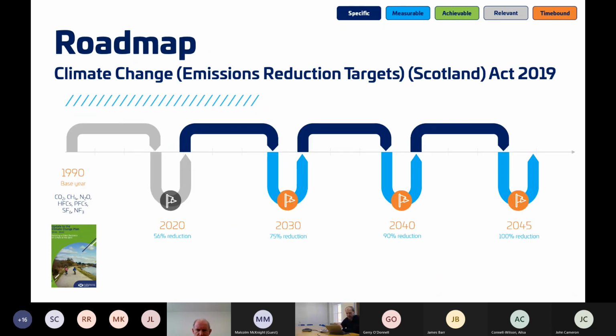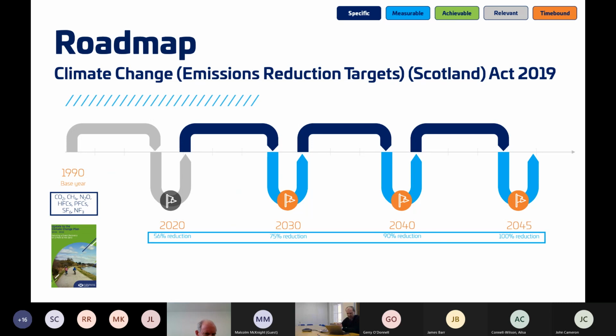If I look at the roadmap from the Scottish government, they've developed the Climate Change Act of 2019. And again, here you can see it is specific: it covers Kyoto gases. It is measurable, and you can see what they want to do: 56% by 2020, 90% by 2040, and by 2045, a 100% reduction. It is achievable, and for that they've developed the climate change plan, which goes to 2032.